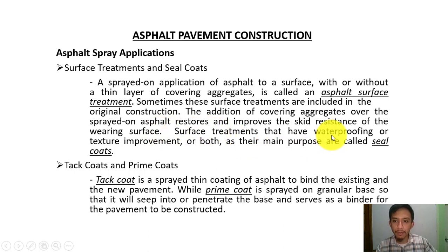If your purpose is waterproofing or texture improvement, then that surface treatment is now called a seal coat. Again, a seal coat is just a surface treatment, only that this time the main purpose is waterproofing or texture improvement.